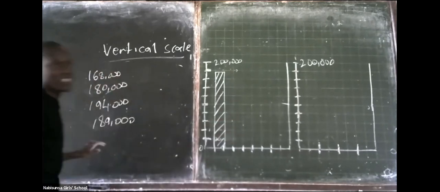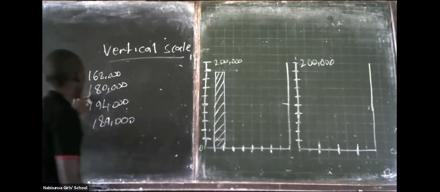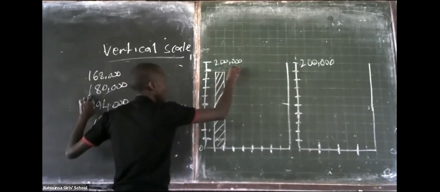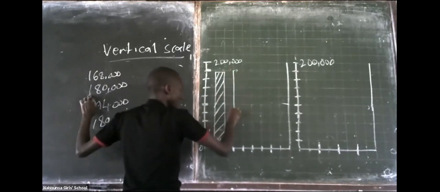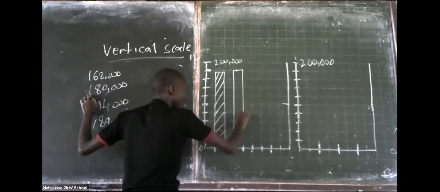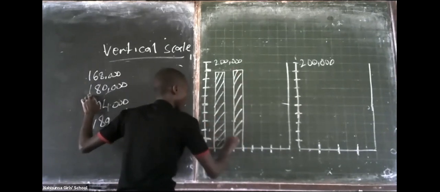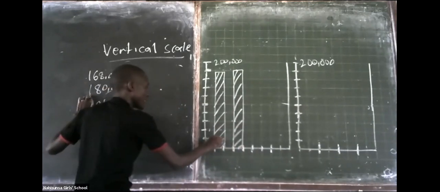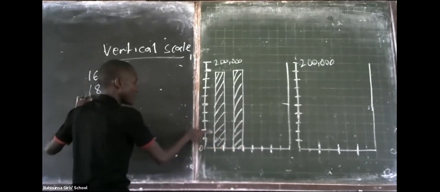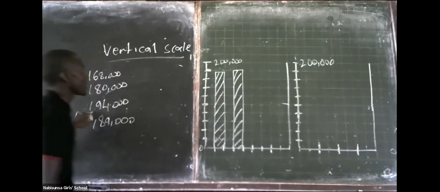Now you can easily know after getting. Then we go to this one, 180. 180 automatically it is here. Are you seeing it? I think you have your graphs, you can easily see. Don't you see that we are leaving a space and a bar? Then I go to this one, 194.